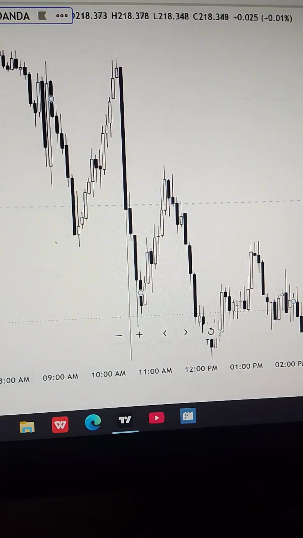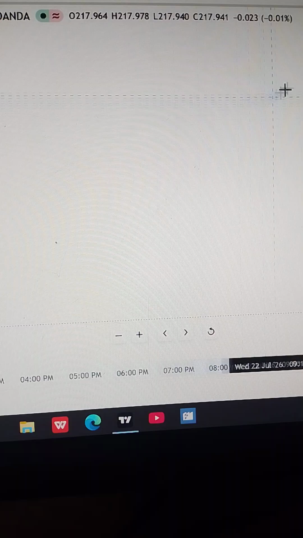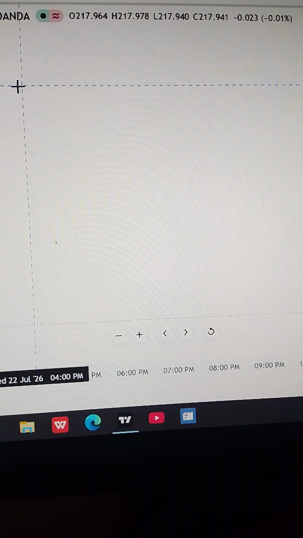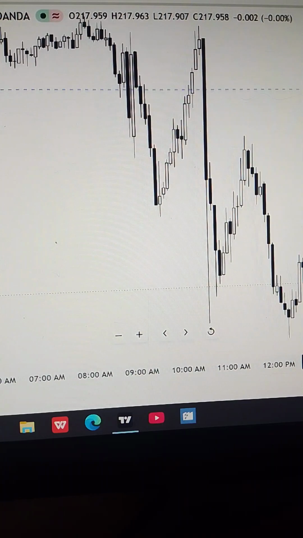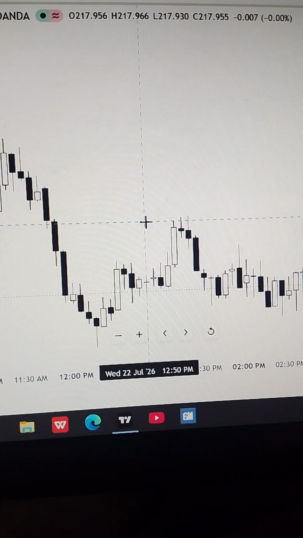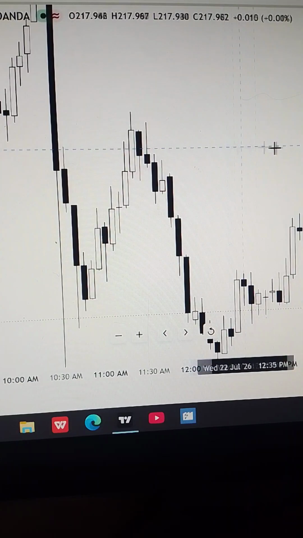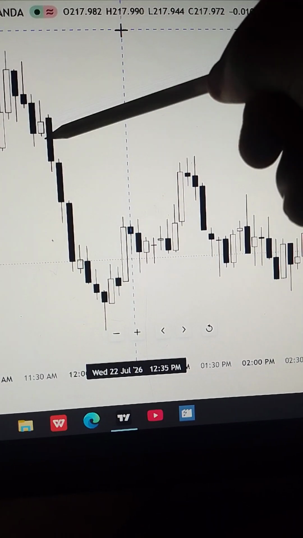So let me show you an example. Before we continue, I've forgotten about something: a breakout. I had highlighted it earlier. A breakout is just a candlestick closing above or below the previous candlestick. So for example, we have this candlestick here.